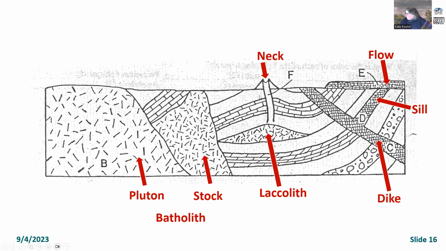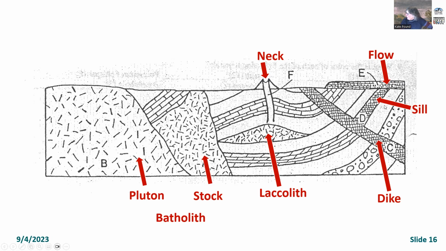so we have a pluton and a stock, which make up a batholith, and often laccoliths are associated with them. Laccolith is kind of an old-fashioned term. Neck is that pipe or conduit that was feeding the surface volcano. Basalt on, well, it's usually basalt on the land surface.